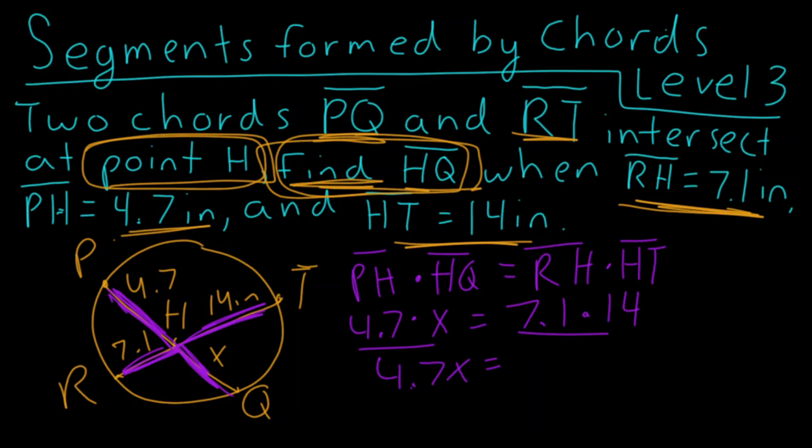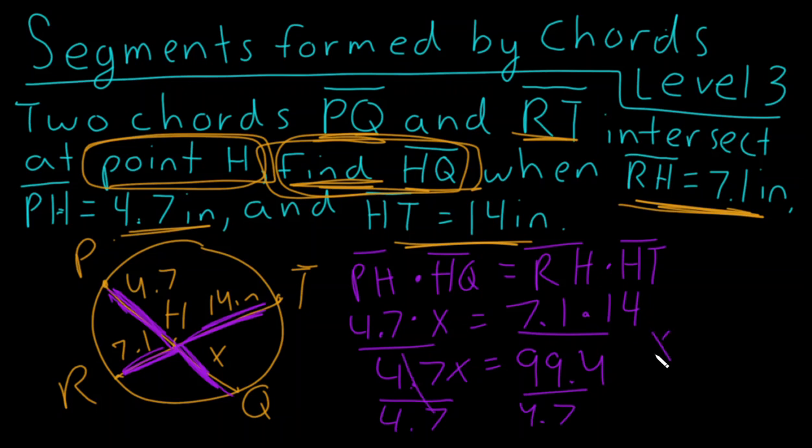Anytime we have a decimal, we should definitely use our calculator. So reaching for my calculator, I know that 7.1 times 14 gives me 99.4. So let's write 99.4. Well, in order to get the x by itself, we know we have to get rid of the number in front of x. So let's divide this number by 4.7 and this side by 4.7.